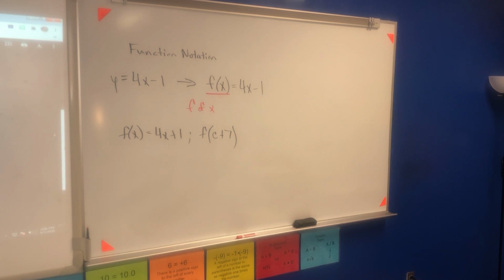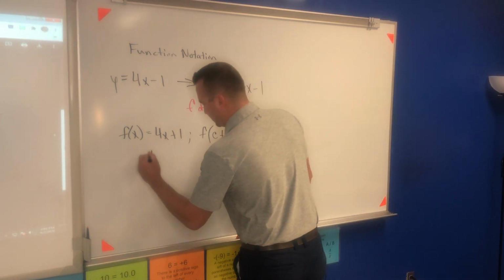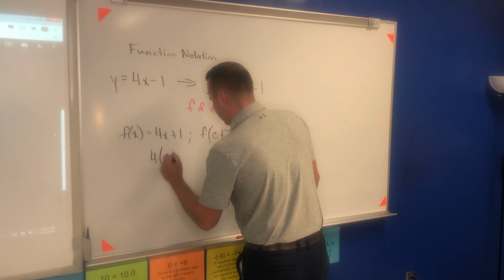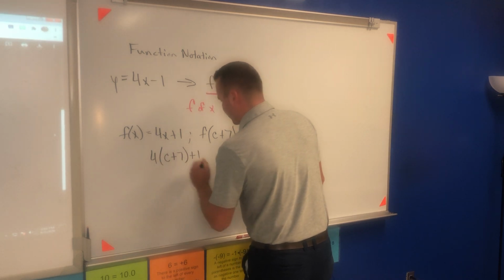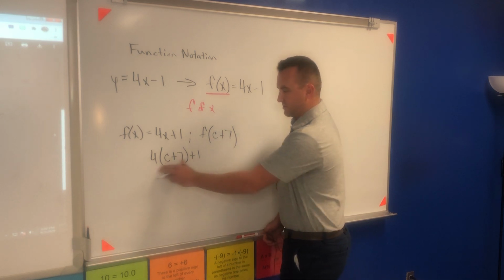Okay, I added a variable in there. Nothing to worry about. So I've got the function notation f of x equals 4x plus 1. Find f of c plus 7. I still put everything in parentheses. 4 parentheses c plus 7 plus 1. I have an expression now.